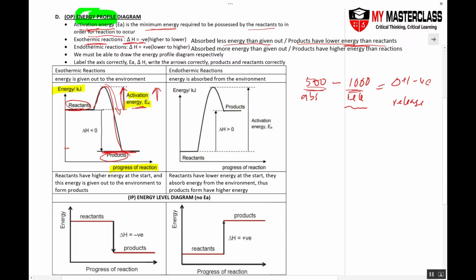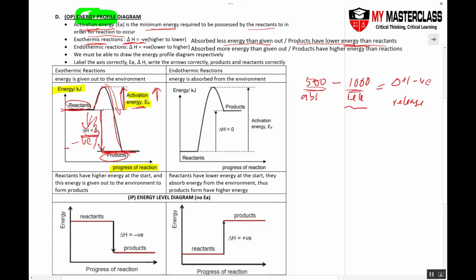Okay, label it activation energy, and then over here, delta H must be negative. Why? Because from a big number, I become a small number. This energy is being released out. It's at the lower end of your graph, like this part is at the lower end. So it is negative. Okay, this is my exothermic reaction graph.